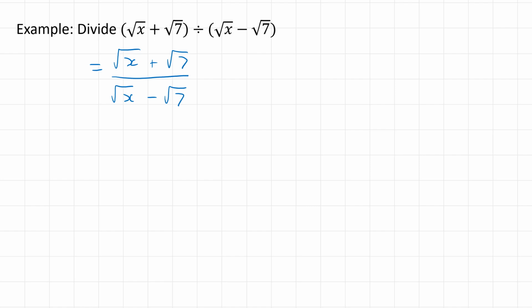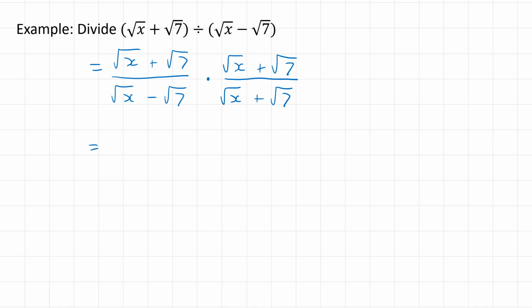And as we've seen before, we have this radical binomial in the denominator, so we need to rationalize it by multiplying by the conjugate. So the conjugate of root x minus root 7 is root x plus root 7, and whatever we multiply in the denominator, we have to multiply in the numerator as well, so that the value of the expression doesn't change. And this is just a coincidence, but you'll notice that the top two numerators are identical. Doesn't change anything in our process, but just a fun little side effect here.